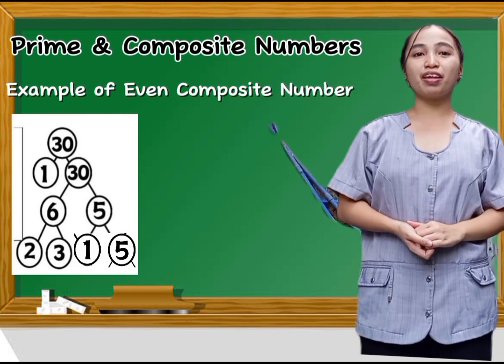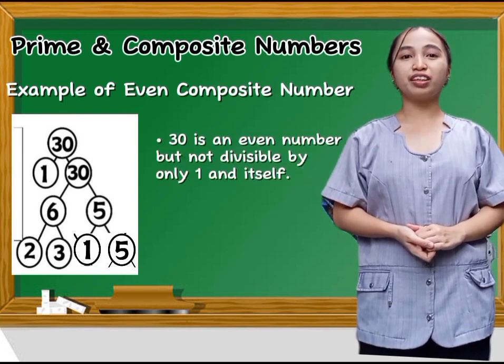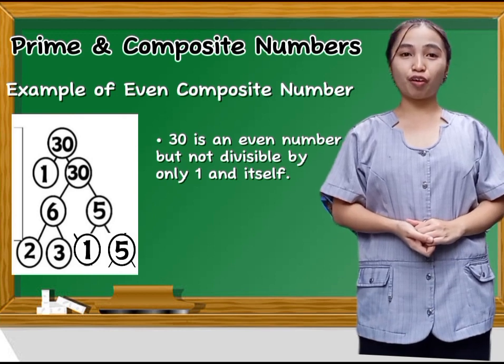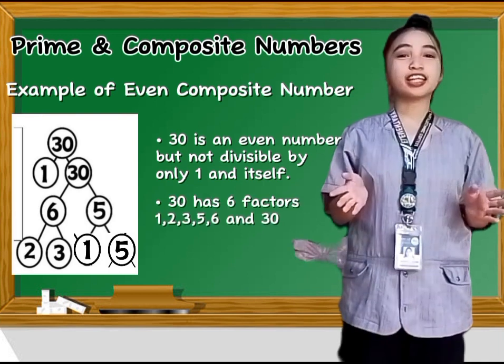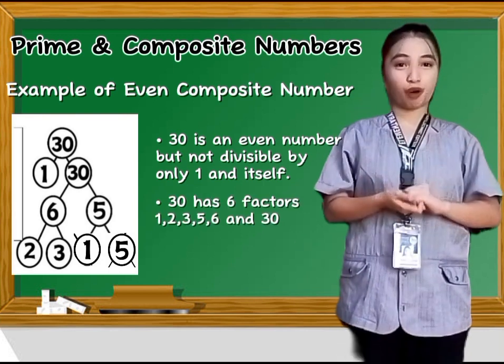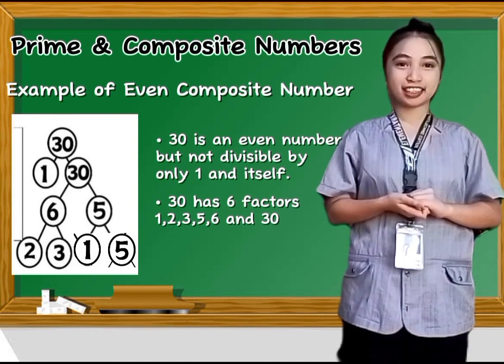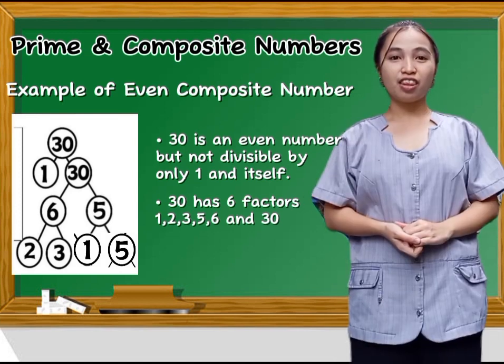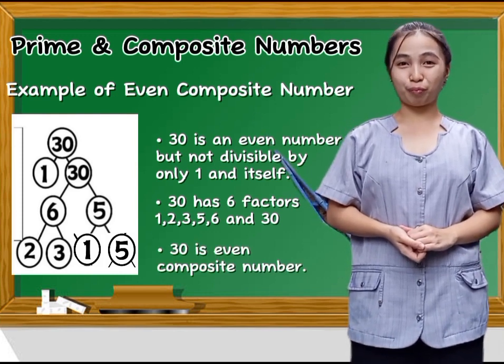So there are many factors of 30. And 30 is an even number but not divisible by only 1 and itself. 30 has 8 factors: 1, 2, 3, 5, 6, and 30. Therefore, 30 is an even composite number.